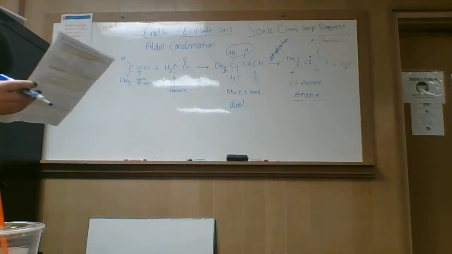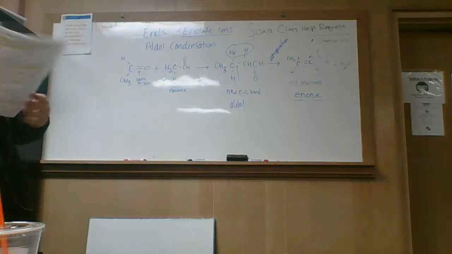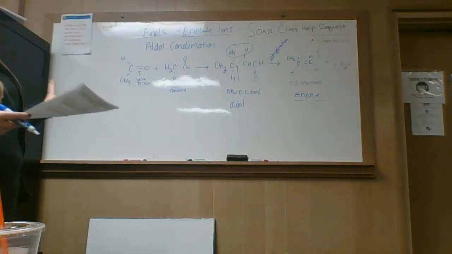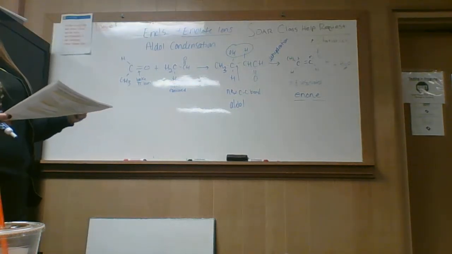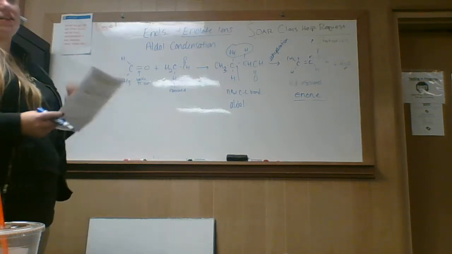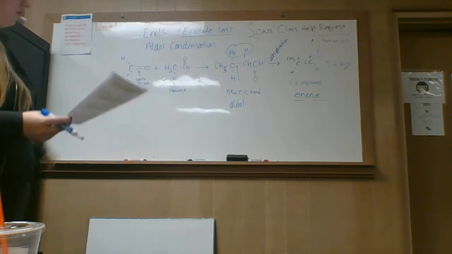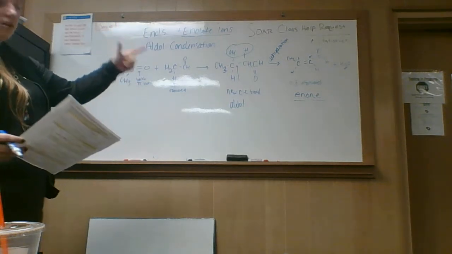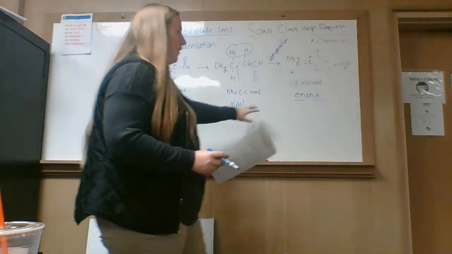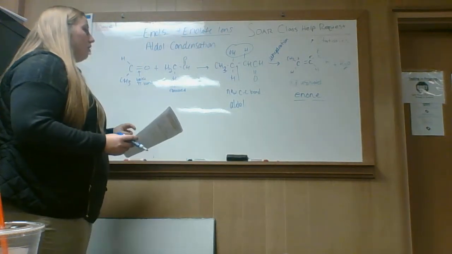So this is your typical garden variety aldol condensation. There are some variants of this, but do you guys feel comfortable before I move on? You should know starting products, intermediate, final product.